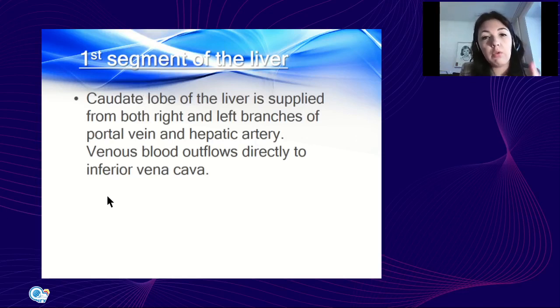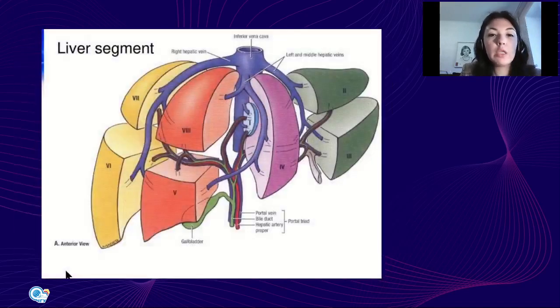So the first segment of the liver is special. Functionally, we cannot say exactly to which lobe of the liver it belongs. It is somewhere in the middle. So the first segment of the liver, or caudate lobe, receives blood supply from both branches of the proper hepatic artery and both branches of the portal vein, and outflow of the bile goes to both right and left hepatic ducts.